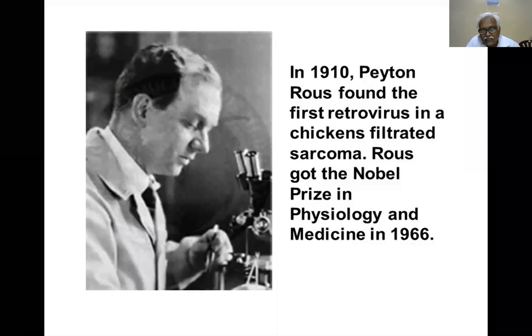So he used to dissect that sac carefully, triturate it with sterile silica, filter and ultrafilter it, and inject it into healthy chickens at various places of the body. He watched whether any of the chickens in his farm would develop the sarcoma. So he found the first retrovirus in chickens' filtered sarcoma.